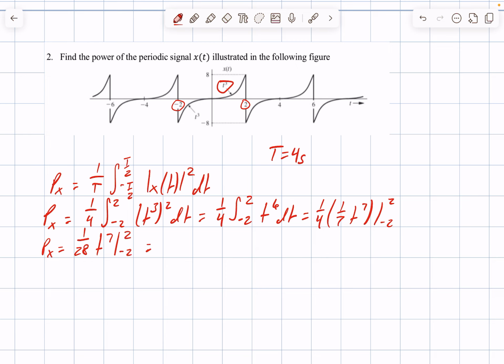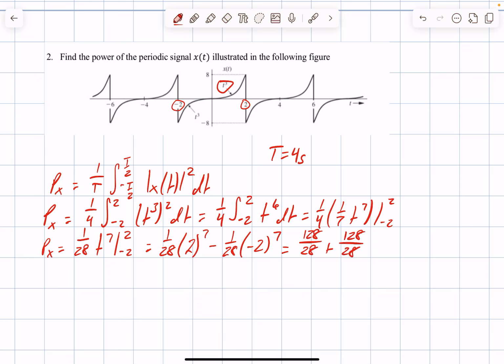And so now we have 1 over 28 times 2 to the power 7 minus 1 over 28 times -2 to the power 7, which is 128 over 28 plus 128 over 28, which reduced will give us 64 over 7.